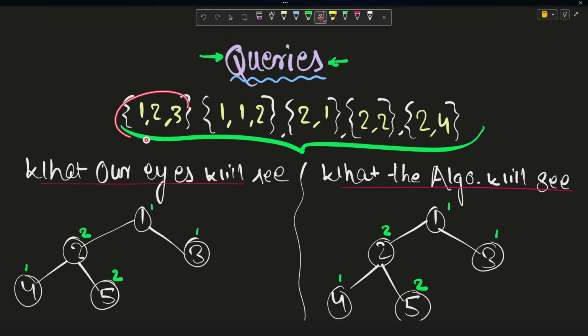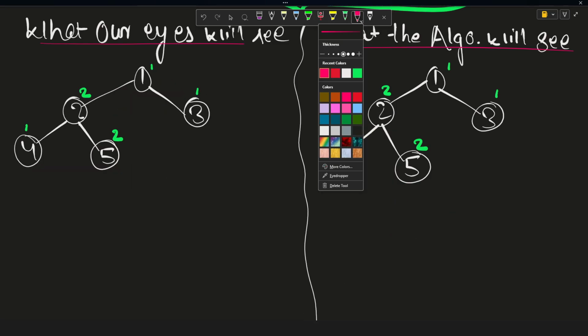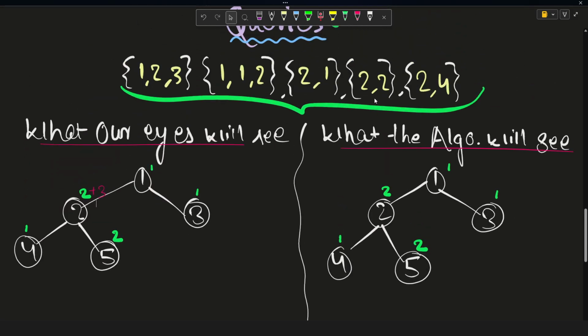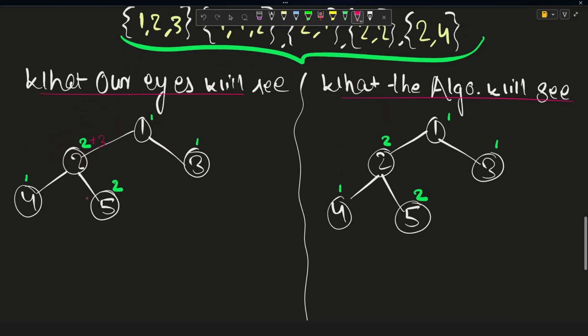Since in the first query it wants us to add a value of +3 to the node 2, I will add a value of +3 to this node here, just as instructed in the query. And since I have added a value of +3 to this node, it means that in the direct child of this node 2, I have to add a value of -3.